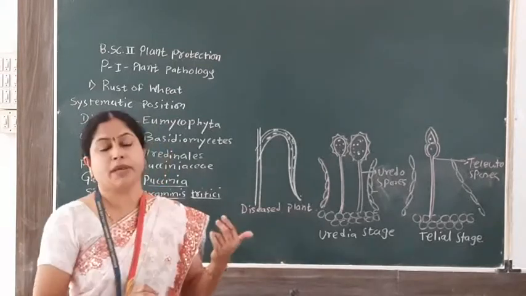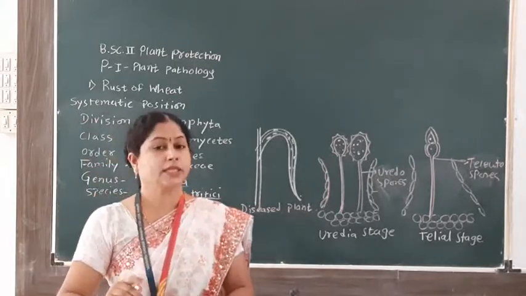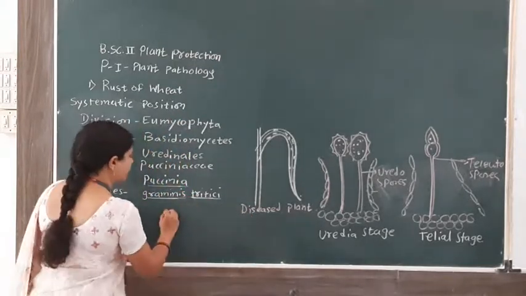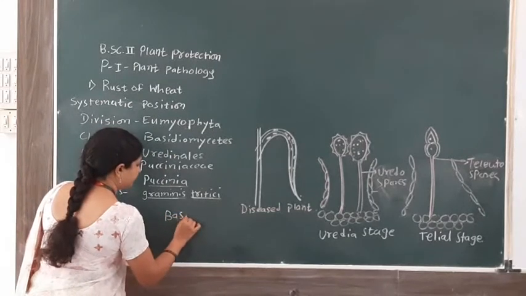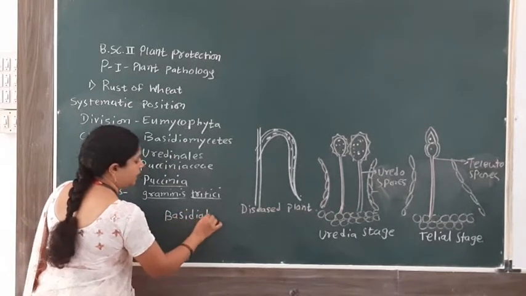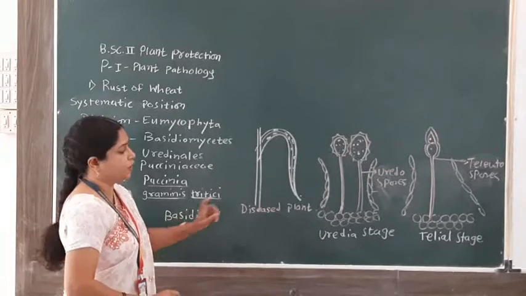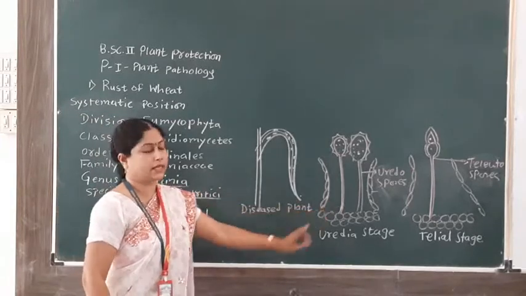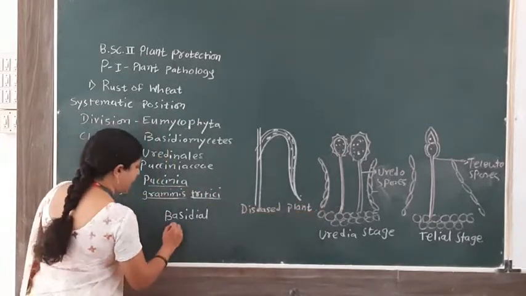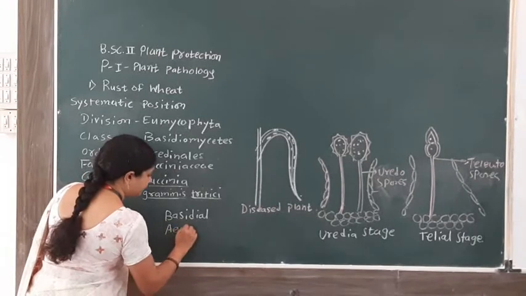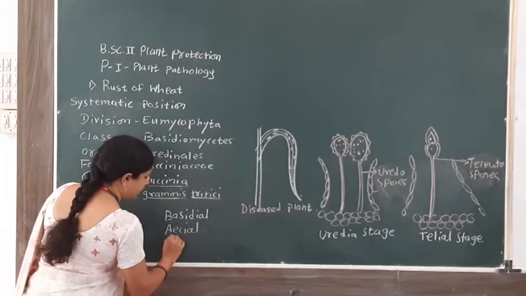Then where are the remaining 3? The next stage is the basidial stage. First is the uredial stage, next the telial stage, third the basidial, next the aecial, and last the pycnial.